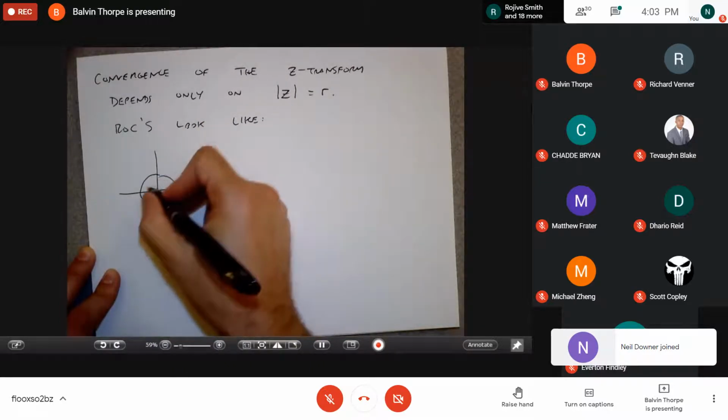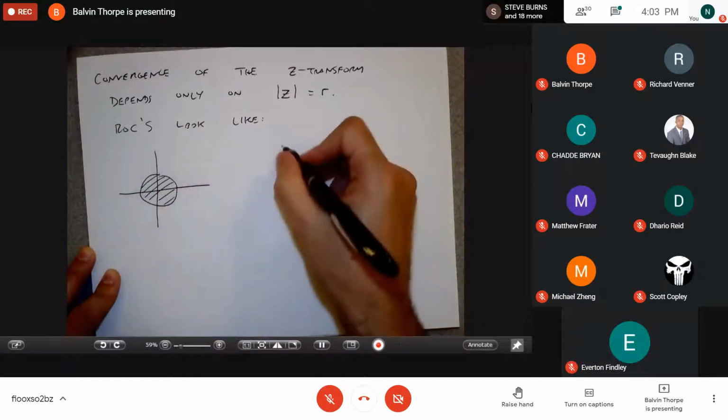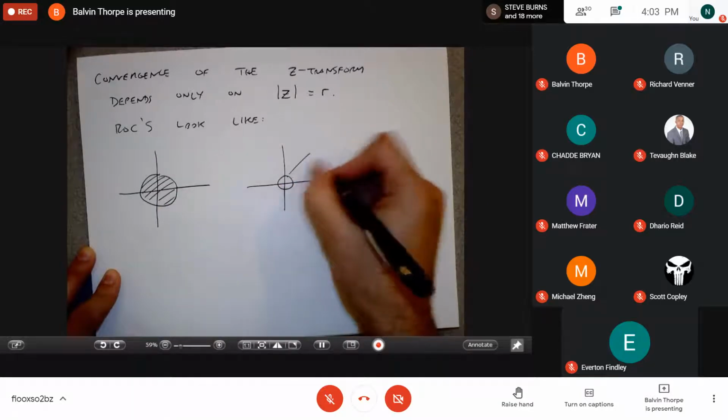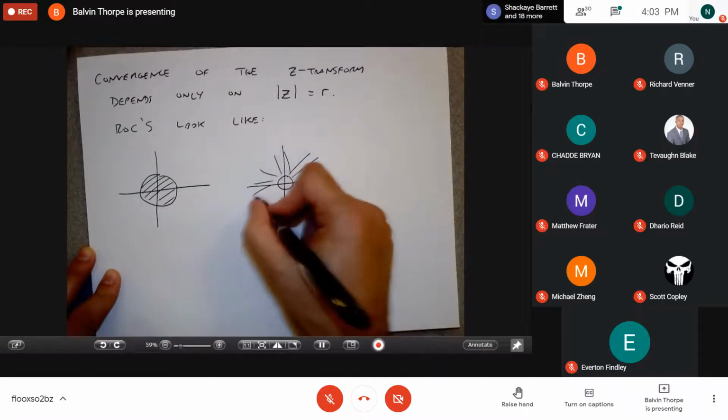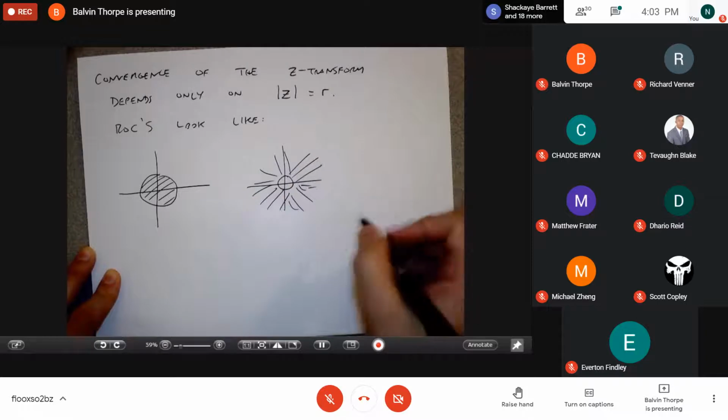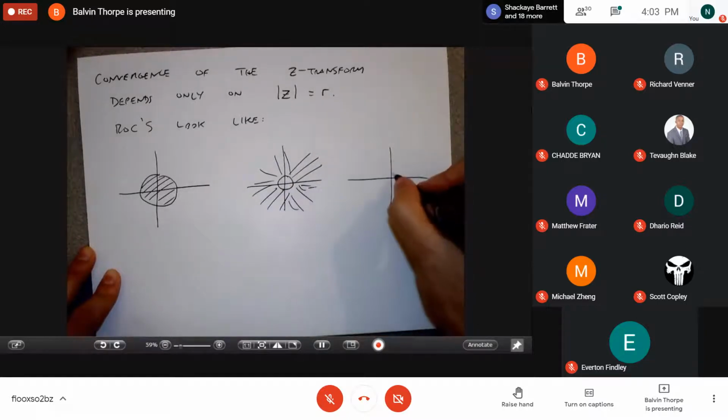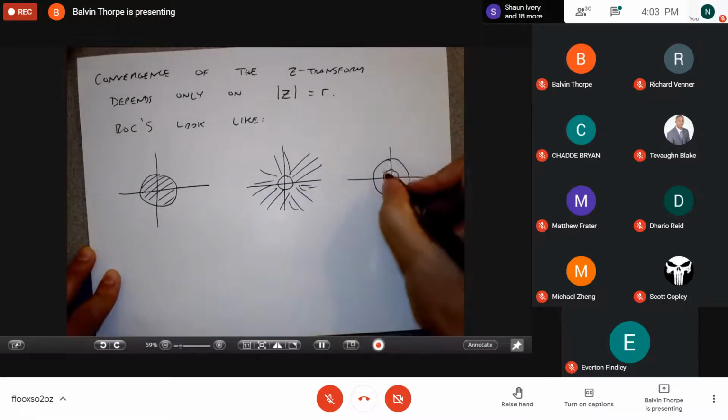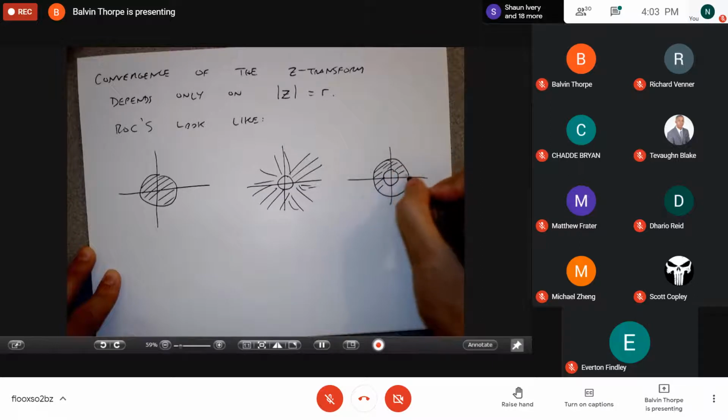So I could have a region of convergence that looks like this. The one I showed you in the previous example looks like everything outside of a circle. I could even have something like this, where I have things that are between two circles.